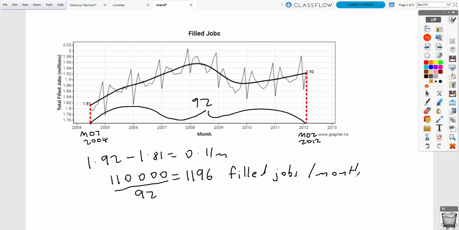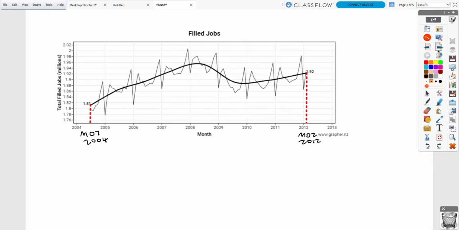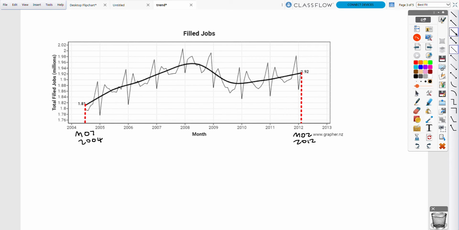So my trend is increasing at an average, or a mean, of 1,196 filled jobs per month. The next part of our analysis on our trend line is to analyse the parts of the trend line, to break this trend line down a little bit. For my first stage here, I've got a trend line that's increasing.